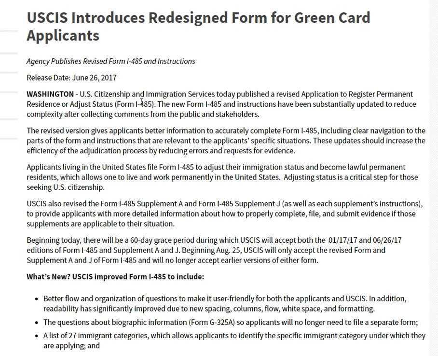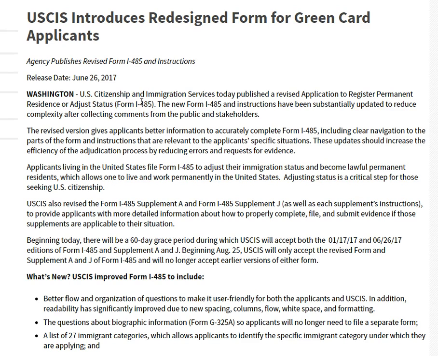And they said right now we have better information that will help us accurately complete the form I-485. And then they say these updates should increase efficiency for the adjudication process by reducing errors and requests for evidence.